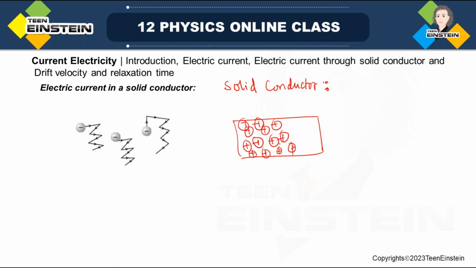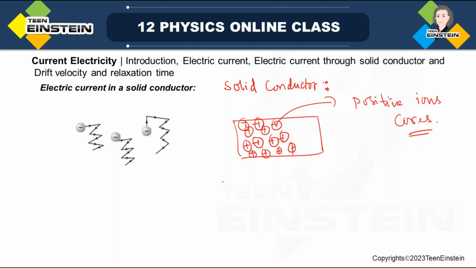So these are called positive ion cores. Now, a conductor has a property that conductors have free electrons to move around. Again, you should not confuse this with the word free.